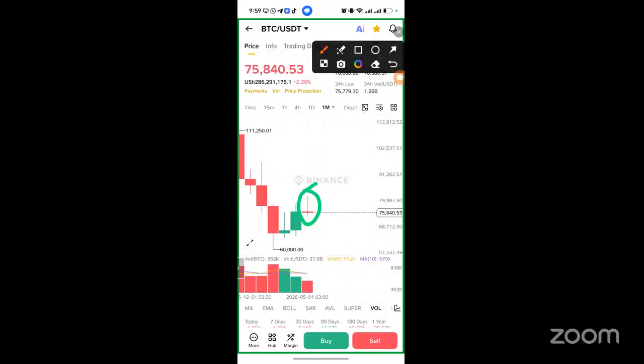This month has been poor, or rather it has not performed well, especially during the last half. But the first half was very good. So this month was awesome, and the previous month was also very good. Right now we are waiting for this candle to close, and then we see more blessings ahead of us.